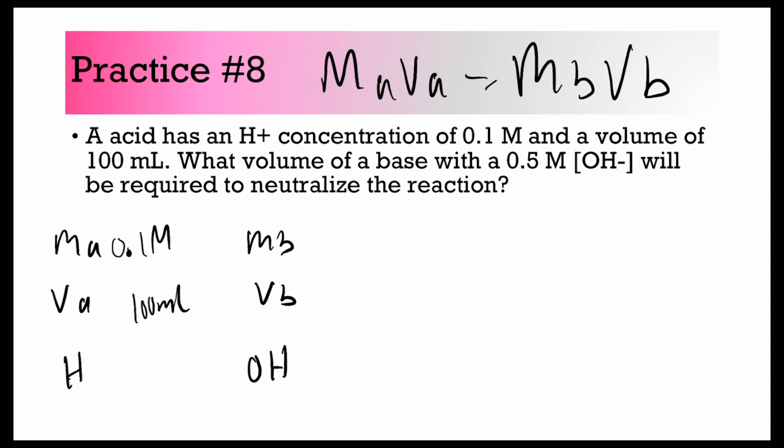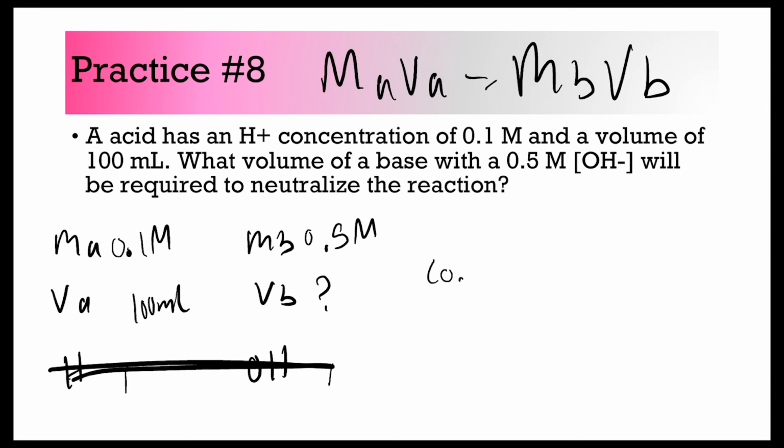The concentration of the base is 0.5 molar. Well, how much volume do you need? So it's not even really mentioned that we have H and OH, so you can kind of guess that it has one of each. But again, we don't even need to worry about it.